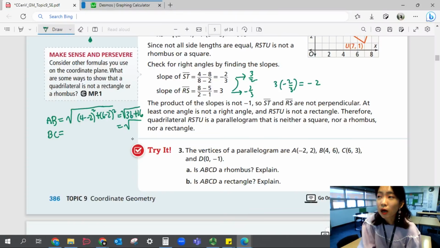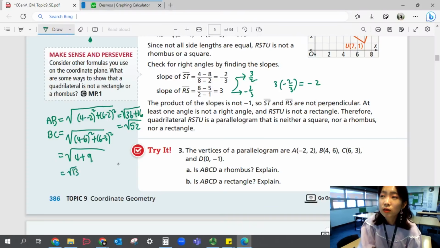That is square root of 52. And then BC, use the coordinates. 4 minus 6 squared plus 6 minus 3 squared is equal to negative 2 squared is 4, 3 squared is 9, which is square root 13. Okay? Are they equal? No, they're not. Right?